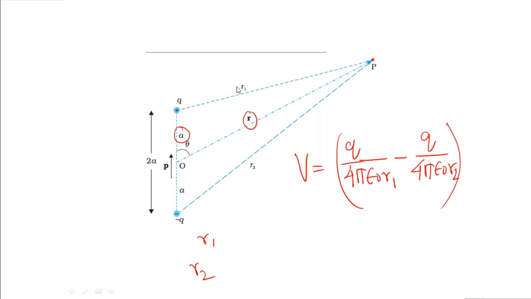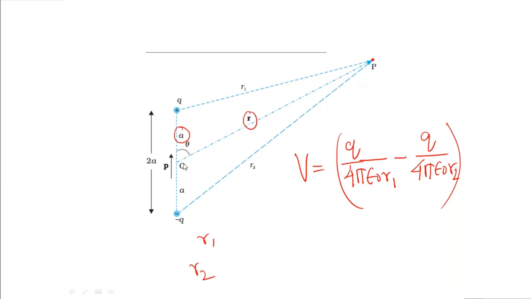Okay, no problem. So, I know the quantity A. A is half of the length of the dipole. R I know. This is the distance. Suppose it will be given as some 5 meter, 10 meter, whatever. That is the distance from the dipole, and we have taken it from the middle point of the dipole.